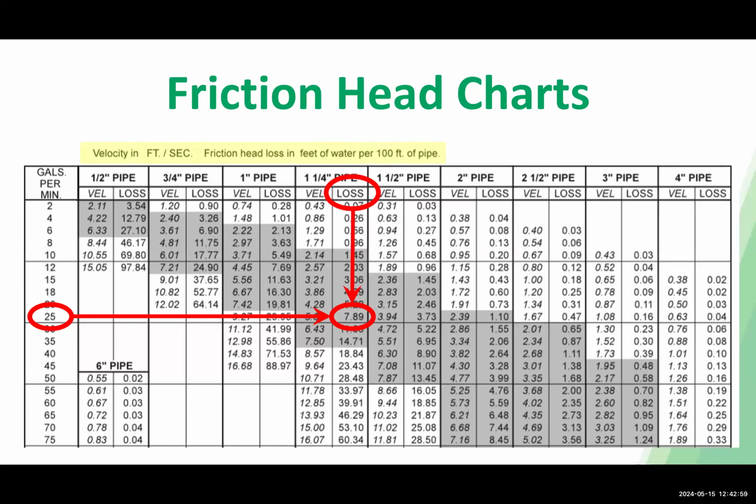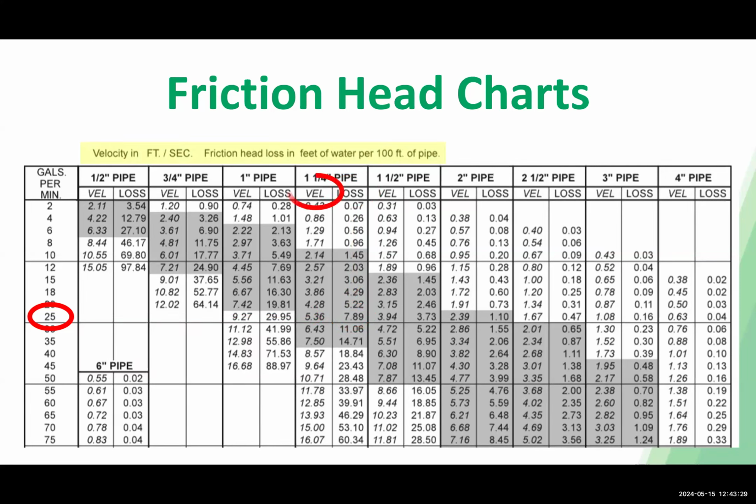That per 100 feet of pipe actually matters a lot for any system, mainly because that's a conversion. If you have 200 feet of pipe, then that value is going to double. If you have 50 feet of pipe, that value is going to be halved. That's why the length of pipe in your system matters, because already you can see that these values can get very large.